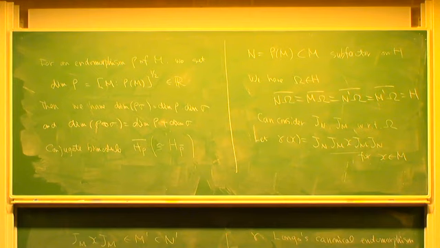So let rho, sigma, lambda, lambda, mu be irreducible endomorphisms.